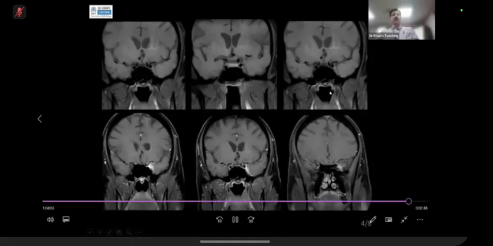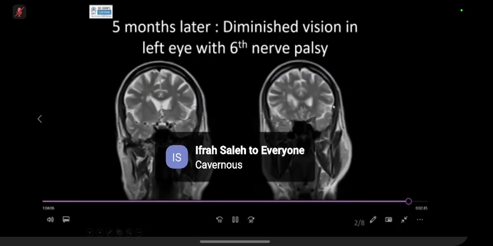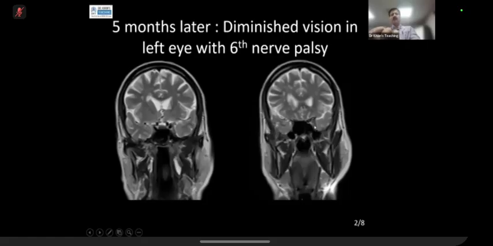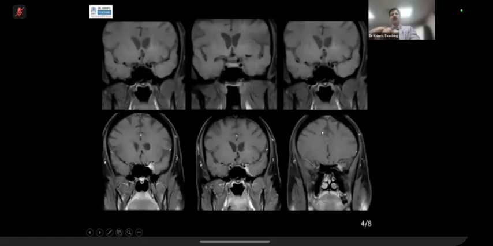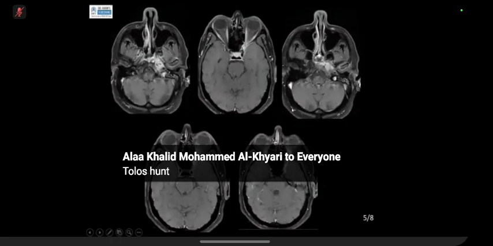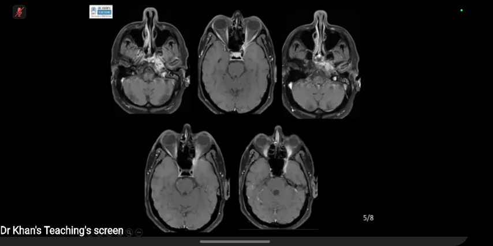Excellent. On this T2, there was a slightly different signal here, right? Yes, so I would think about cavernous sinus thrombosis, pus or thrombus, as a complication of the inflammation within the petrous apex.